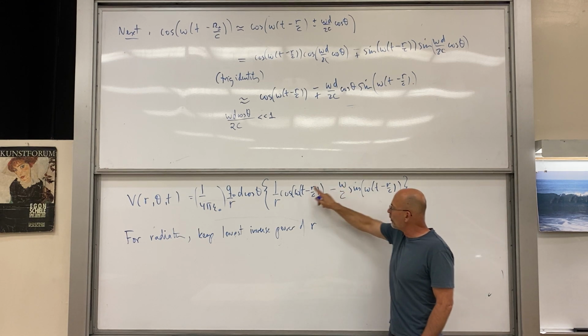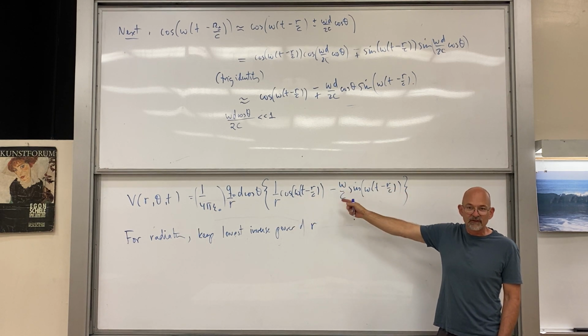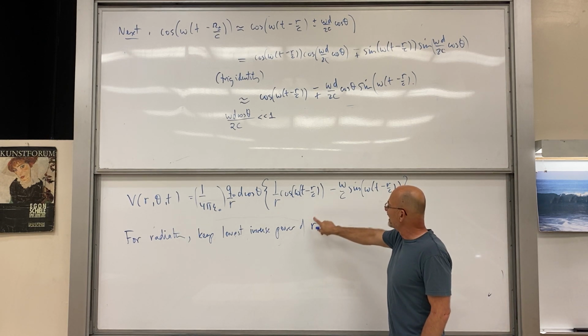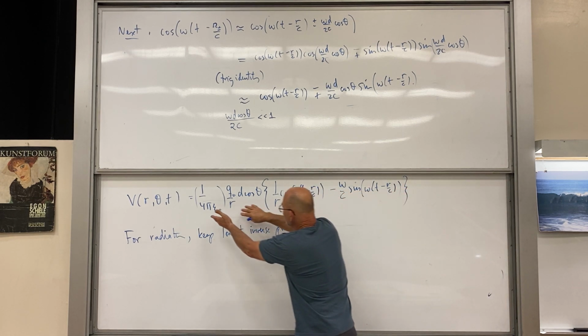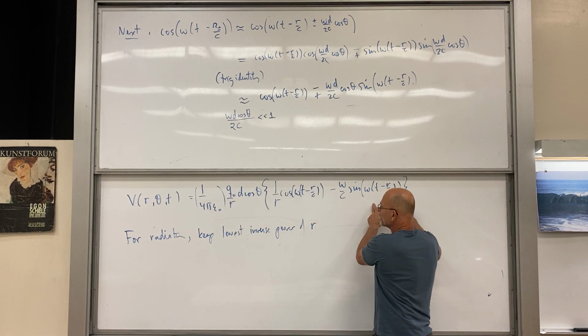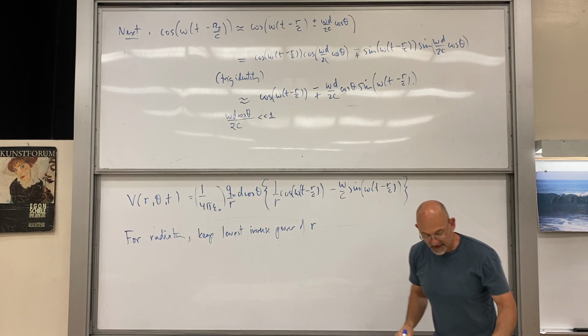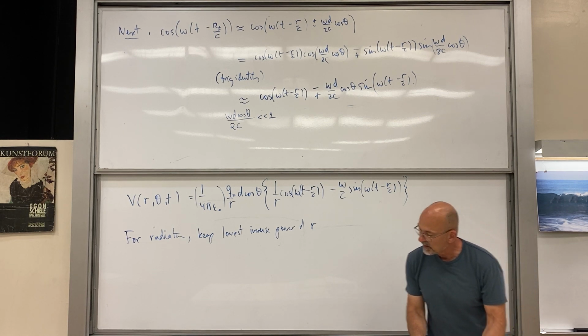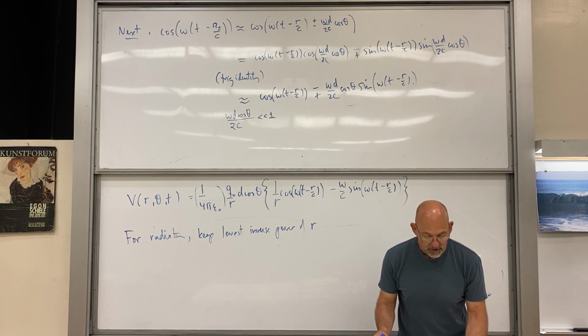You can also just say omega times r is much, much less than the speed of light c. But yeah, so we drop that, and then we're left with the final result, this here, multiplied by that. So let's go ahead and write that out. And that actually has a nice shape to it.